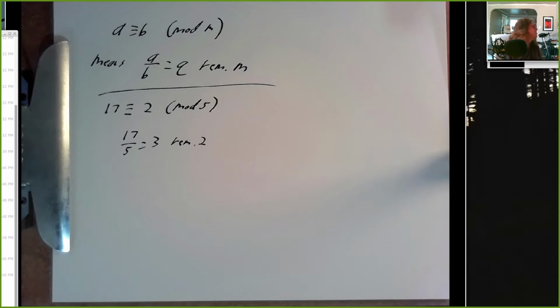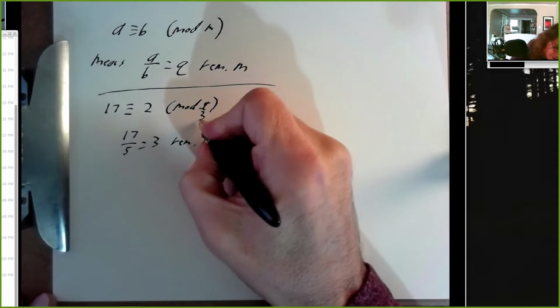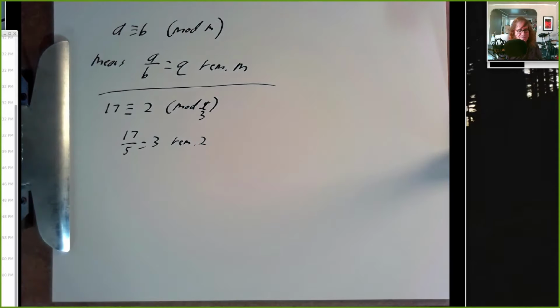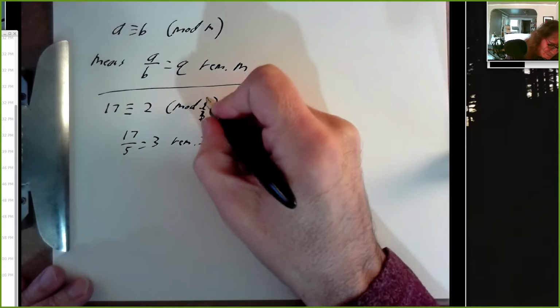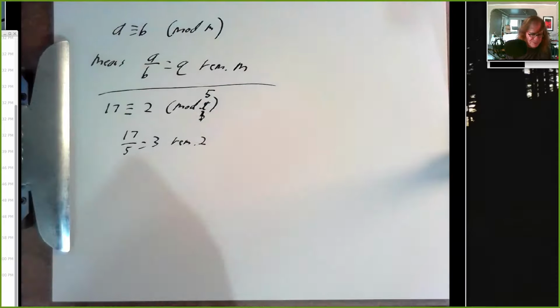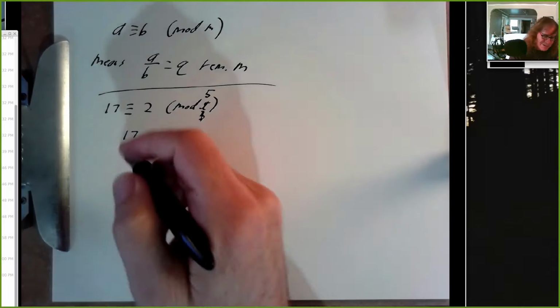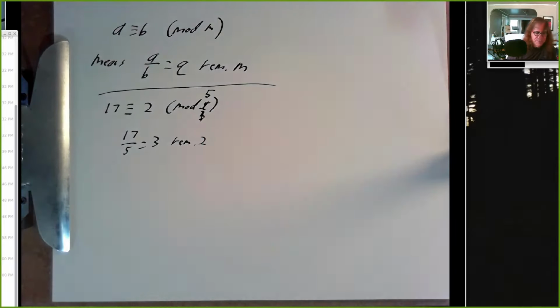So real quick though, yeah. You have A equivalent to B mod M, which means A divided by B equals a quotient with the remainder of M. Correct. Partly. 17 is equivalent to 2 mod 5, where the remainder is 2. Actually, it is equivalent to 2 mod 5, because 17 divided by 5 is 3 with a remainder of 2. Right?